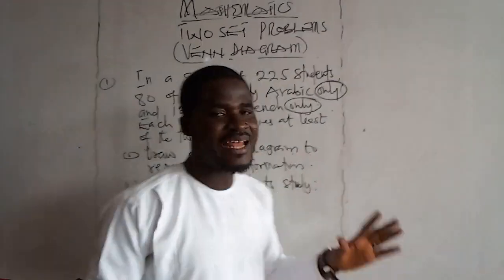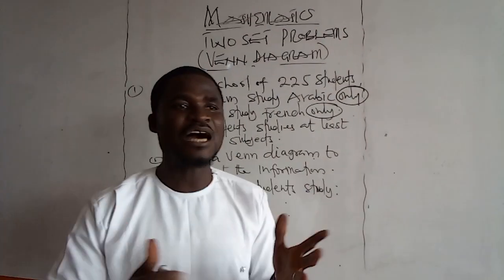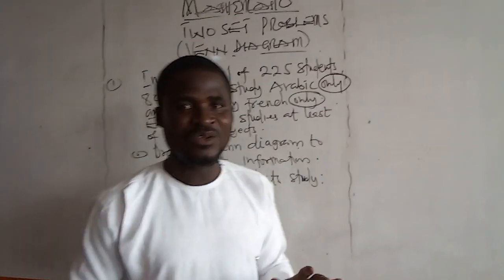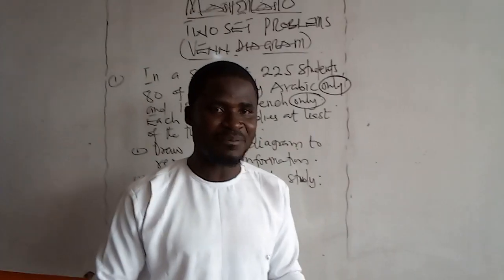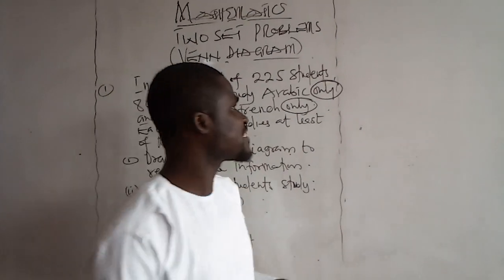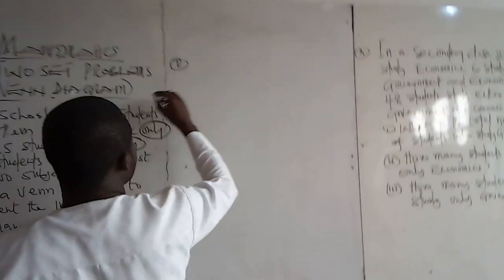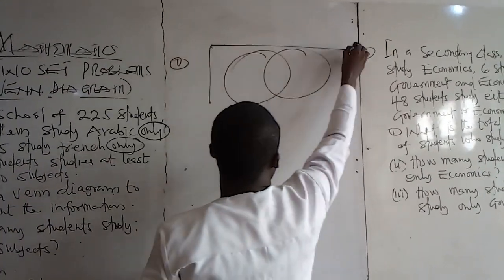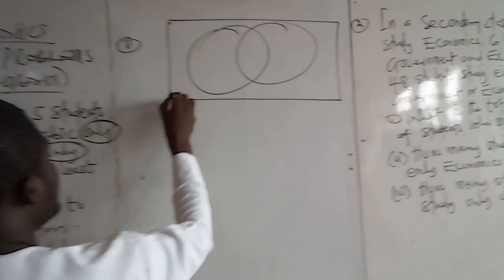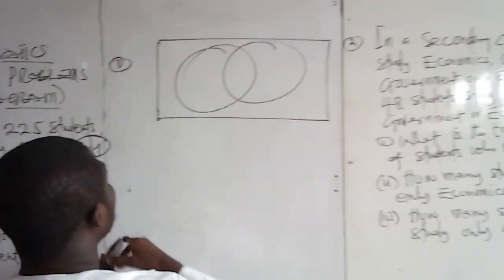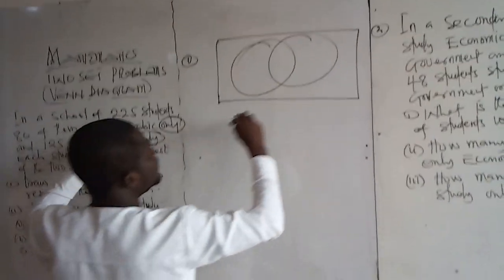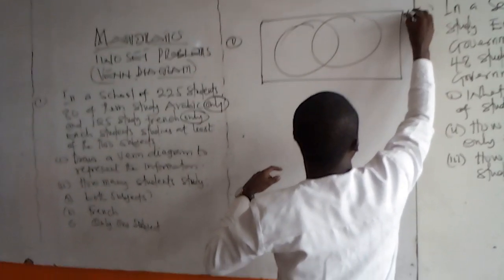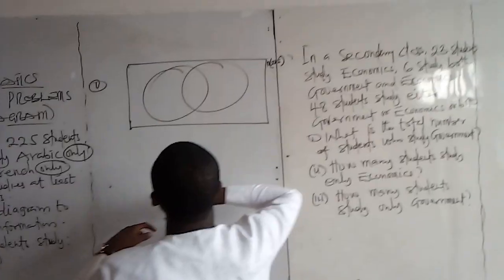Now, in our first lesson, we learned how to represent your data, so I'm not going to write the data here. We are going straight forward to draw the Venn diagram. Take notes. Now let's see how to do the entries. Universal set, 225.